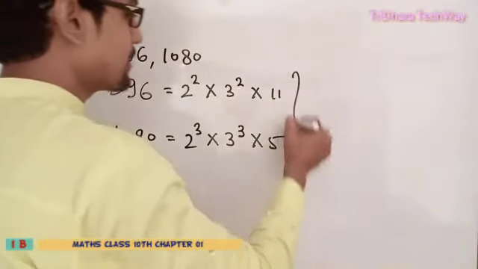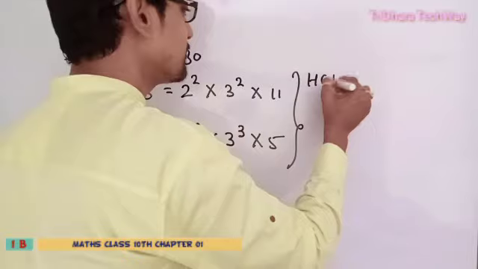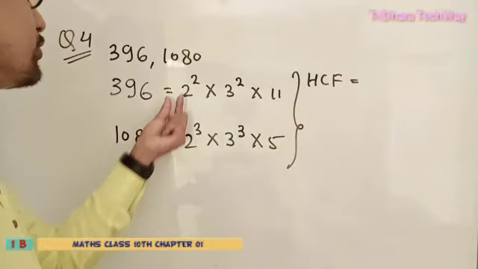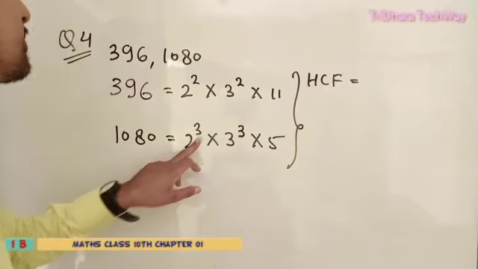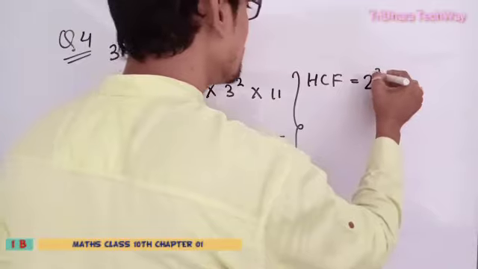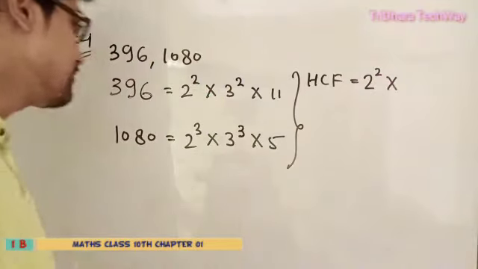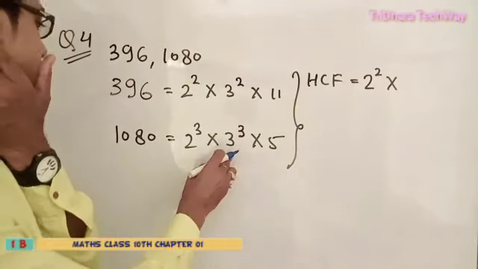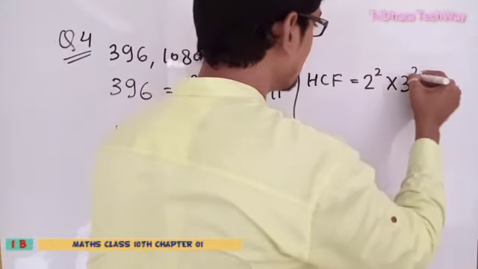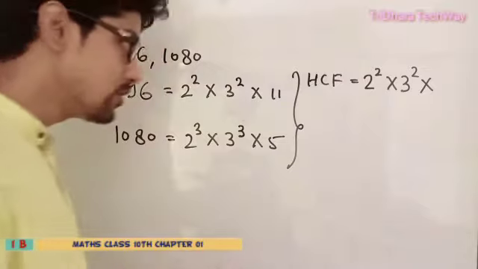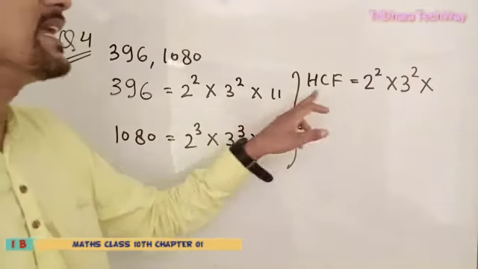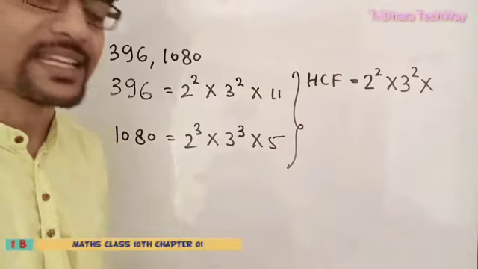For HCF, I have already told you, you have to find the lowest power value. It means when you are looking at 2, you have 2 to the power 3 and 2 to the power 2, so you use 2 to the power 2 in the HCF. Now 3 to the power 3 and 3 to the power 2, you use 3 to the power 2. Whenever you use the lowest power value of both numbers, you can find the HCF easily with the help of prime factorization.